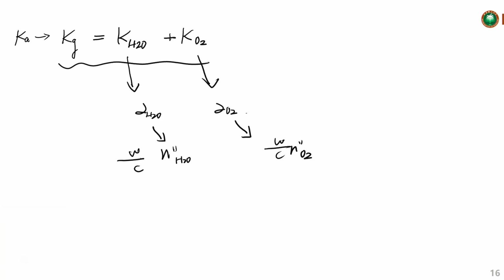For the water vapor there are 34 absorption lines, and for the oxygen there are 44 absorption lines.